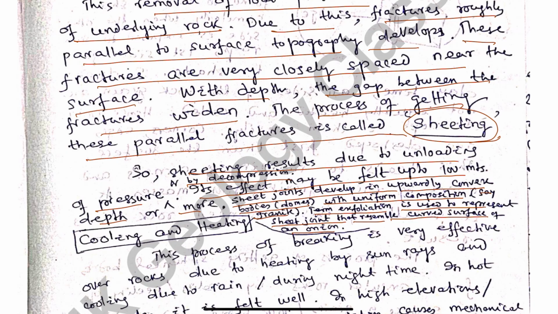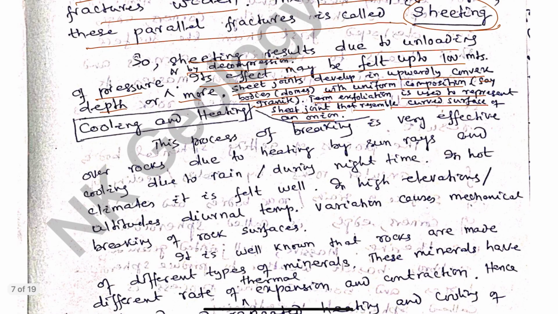There it is said to be exfoliation. So sheeting is a process of breaking down of rocks of uniform composition through unloading of pressure, particularly in domal country, in domes. This type of removal of domal pressure causes formation of roughly parallel fractures parallel to the topography or parallel to the domal structures.